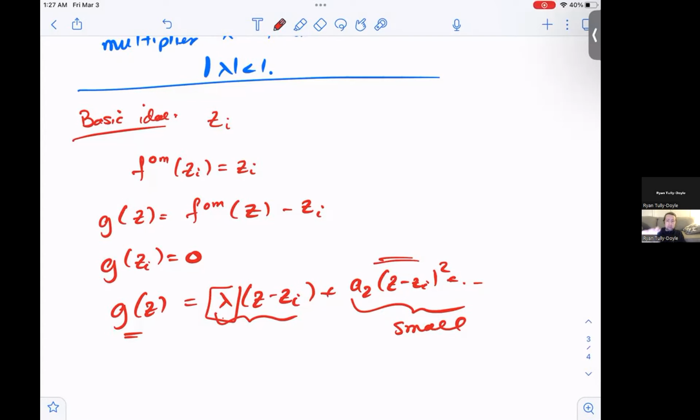So you can read this proof in the notes, but this is the basic idea: you're constructing a power series in such a way that there's no constant term, and you can pay all of your attention to this linear approximation, which is what's going to dominate the power series when you're very close to the point that you've centered at.